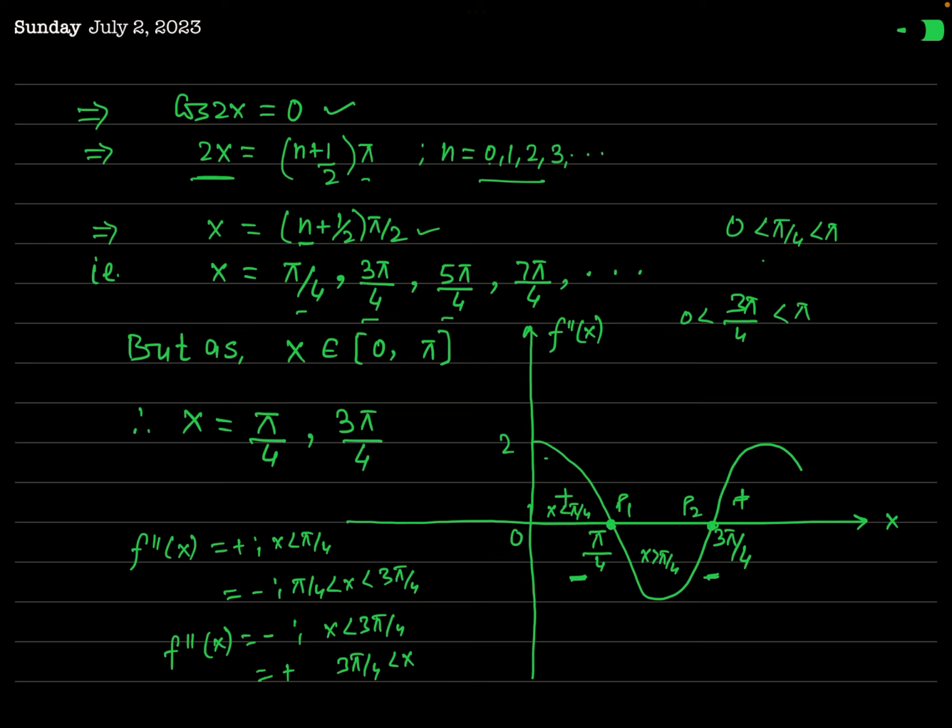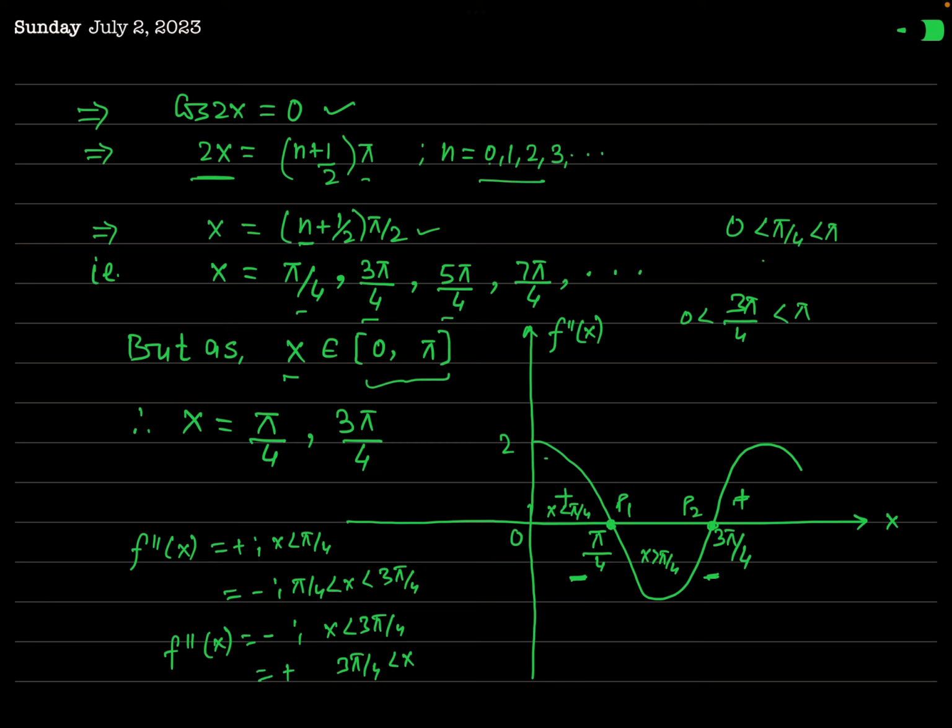But read your question. You are not free to take all values of x, because in our problem it has been defined that x lies in the closed interval 0 to pi. It means the value of x must be between 0 and pi.